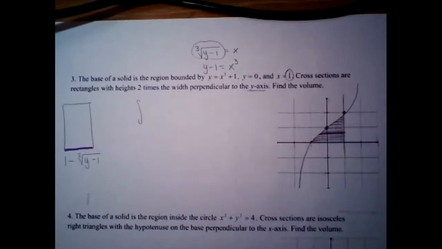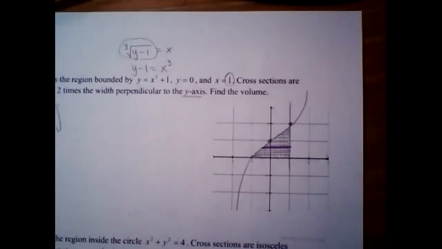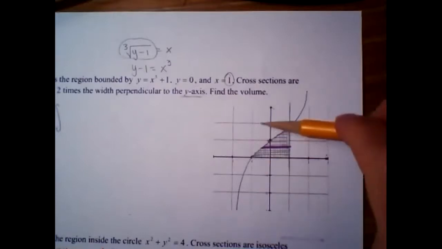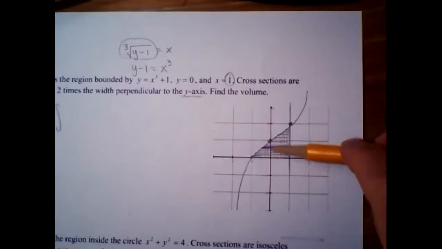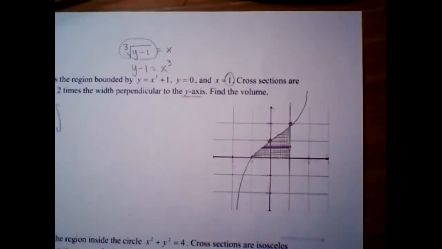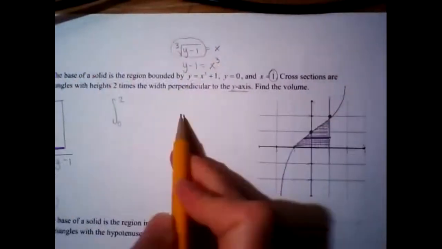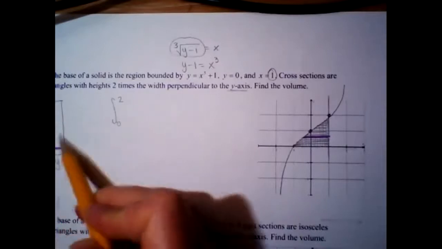I'll zoom in. I want to wait till I get a few more answers. So from here to here will give us from where to where. So good. It is going to be 0 to 2. And inside of there, you're going to put the area of your shape.